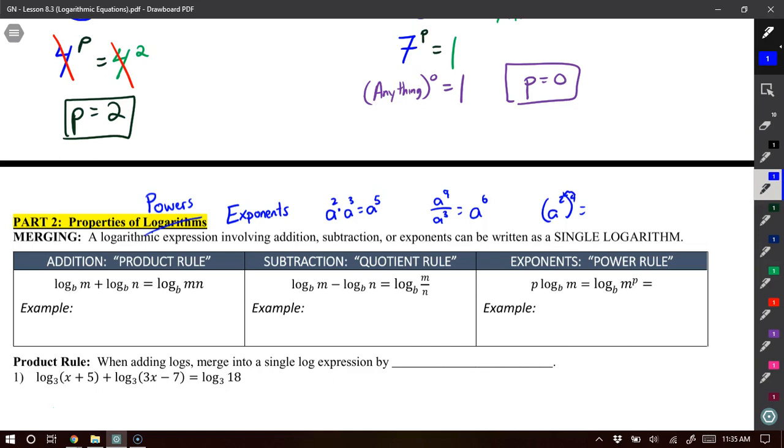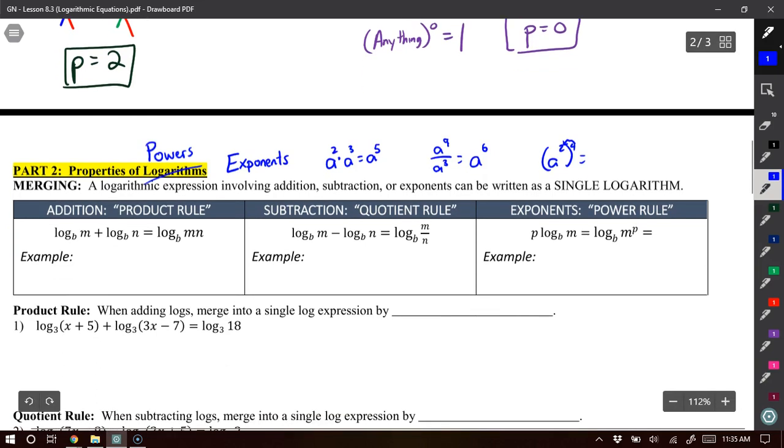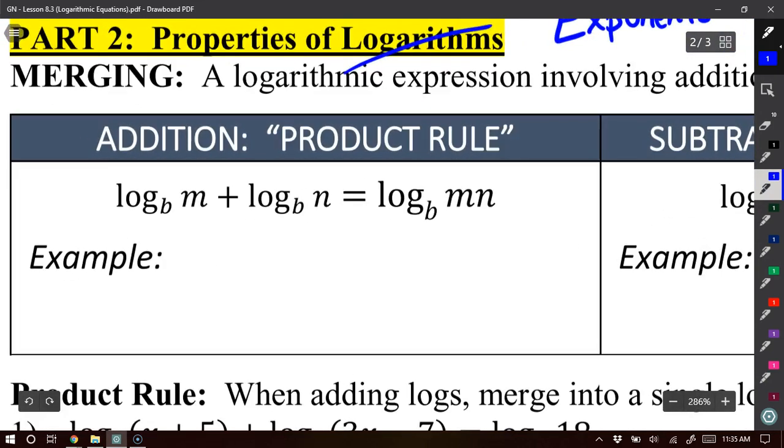All right, so there's an addition rule for logarithms, but really it's a product rule. If I am adding two logs together, you have to remember that a log is really a power. So I have a power here, we'll call it power 1, and I have a power here, we'll call it power 2.